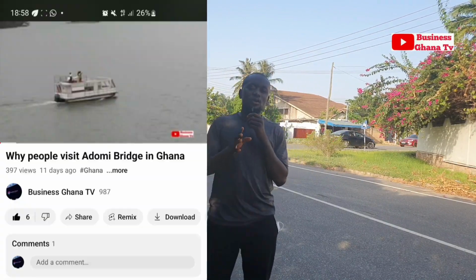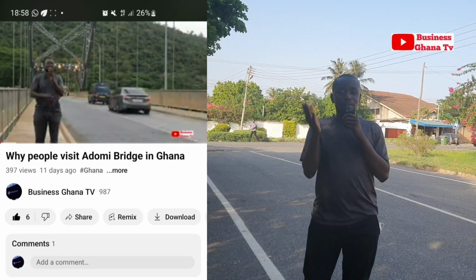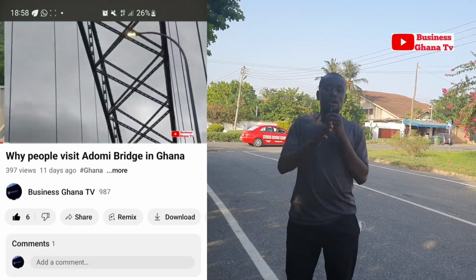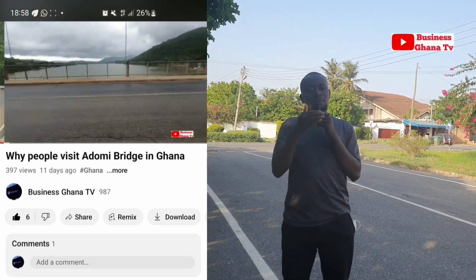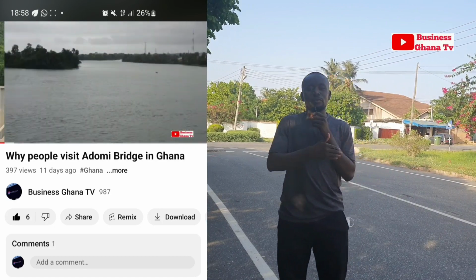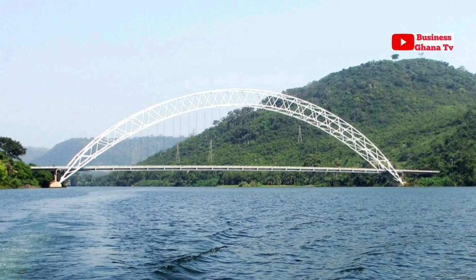A bridge is actually a road that is constructed over a river or something that forms a blockage between two locations. So if you look at the road that was constructed in the Adomi area, that is the Atimpoku Bridge.